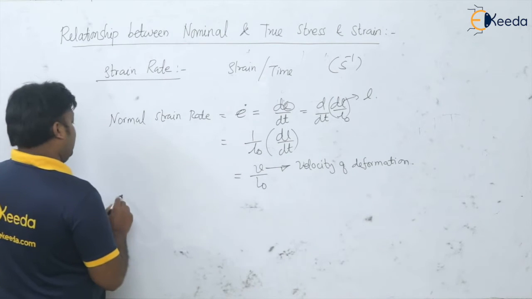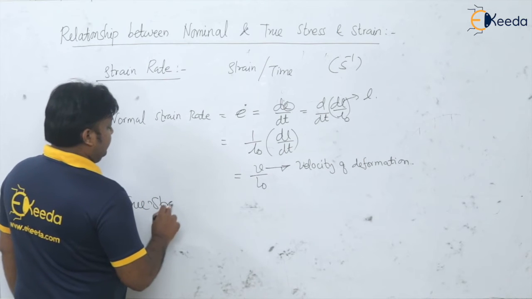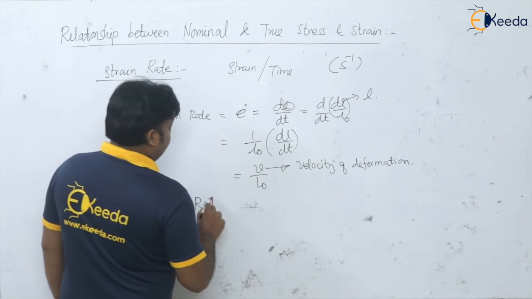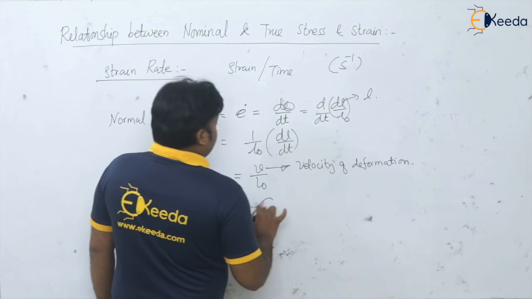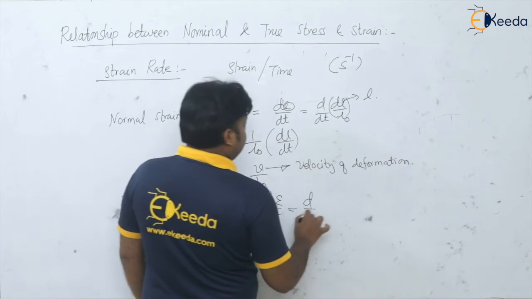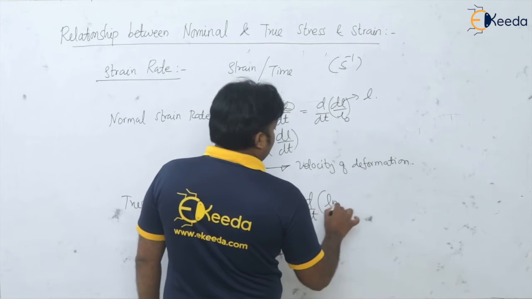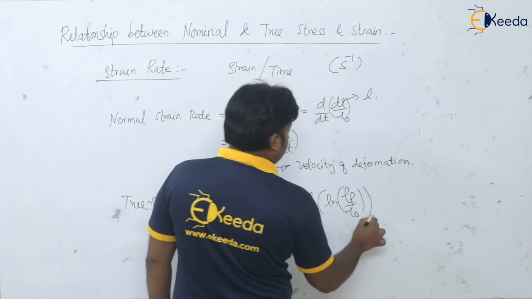And if I want the true strain rate, that is epsilon dot, it will be equal to what? That is d epsilon by dt, and what is epsilon? d by dt of ln of L final divided by L original, isn't it?